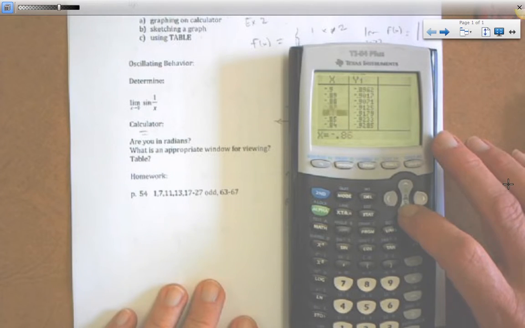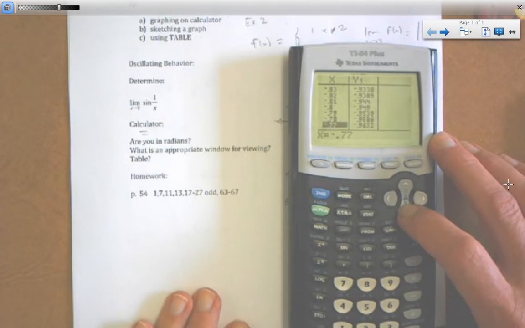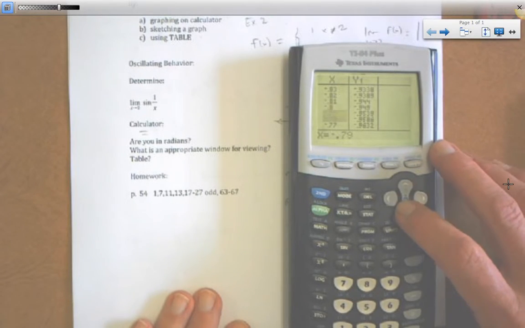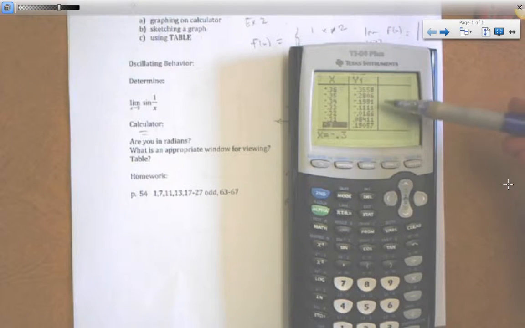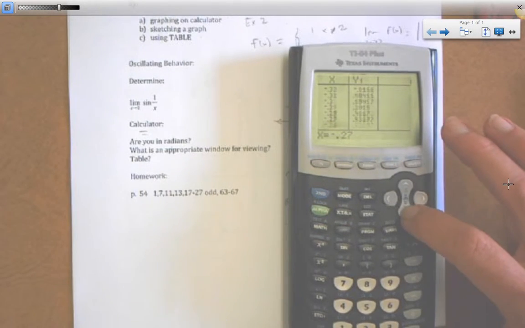I've got negative values, and I'm getting closer and closer to 0. But notice what's happening to my y values. They're not really following a specific pattern. They go to negative 1, and all of a sudden my y values pop over to a positive, going toward 0.